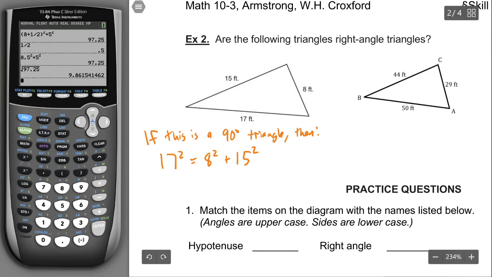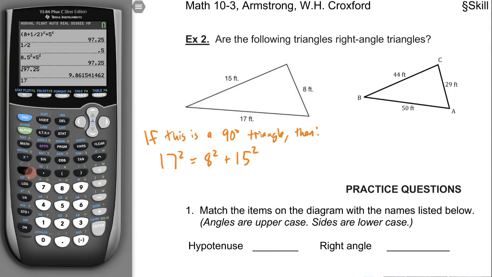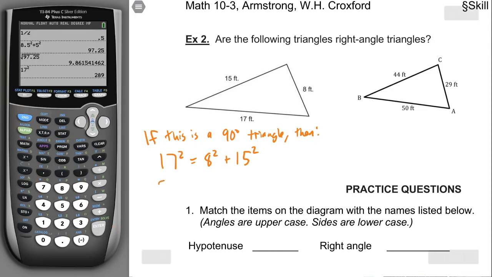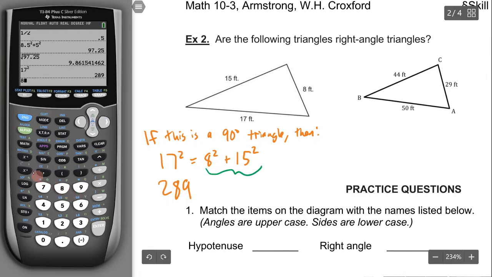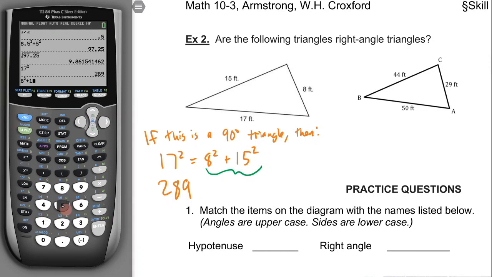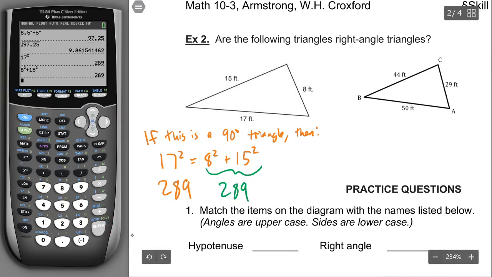So now we just need to check our left side and our right side. 17 squared is 289. And I'll do this in another color. 8 squared plus 15 squared. 8 squared plus 15 squared is 289. So yes, they are equal. Oh, so that should be a right angle, not an L. Here we go, right angle. So yes, that is a right angle triangle.